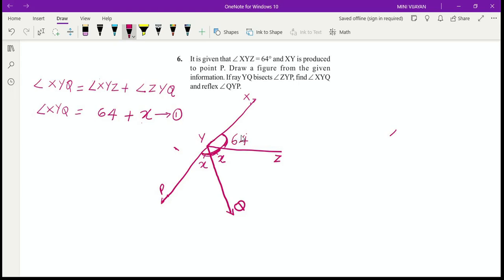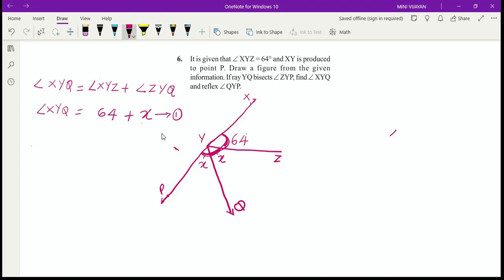So 2x plus 64. How much is the total angle we are getting? We get 180. What is the reason? Because the three angles form a straight line, the total of those three angles will be 180. Clear? These three angles are on the straight line XYP.